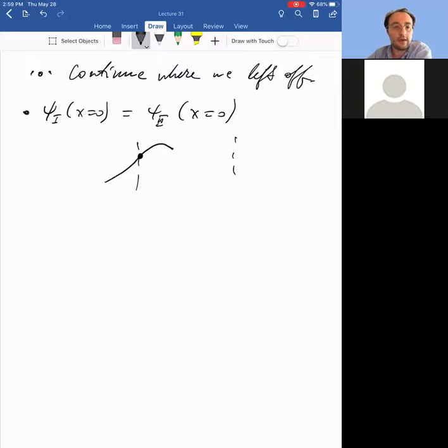let me just remind you what those psi's are, right? So in region 1, we have psi equals c minus e to the plus kappa x. In region 2, we've already knocked out 2 terms, right?